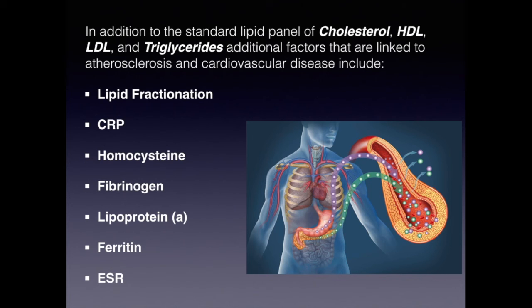Lipoprotein A is arguably the most telling vascular inflammation biomarker. It is 10 times more dangerous than small, dense LDLs, according to the literature. And ferritin and ESR are additional inflammatory biomarkers. And we run all of them because they all measure our inflammation from different angles, so to speak.